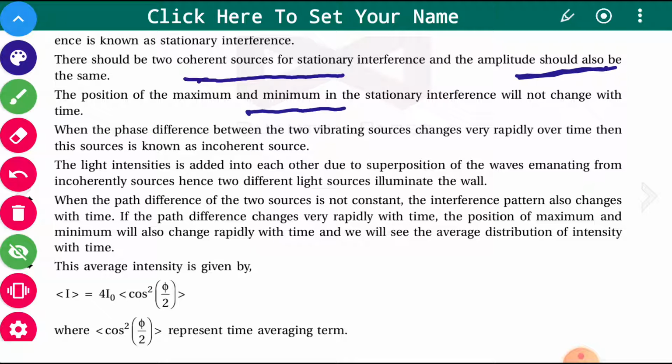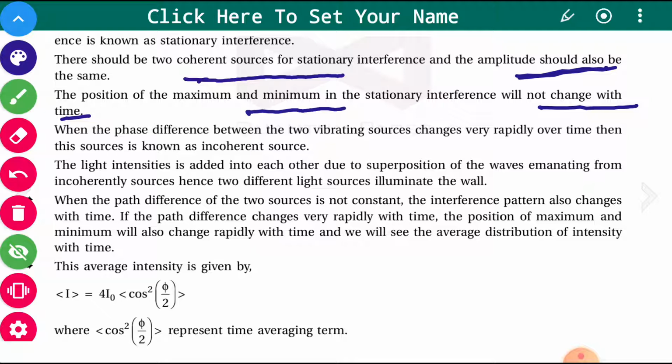The position of the maximum and minimum in the stationary interference will not change with time, or we can say wherever there is a maximum intensity will remain maximum if the phase difference is same, provided amplitude is same.